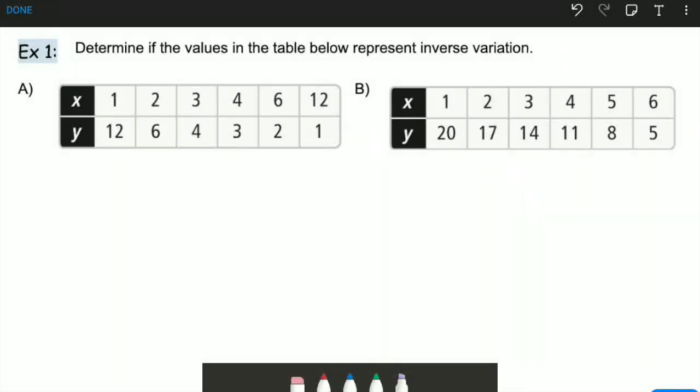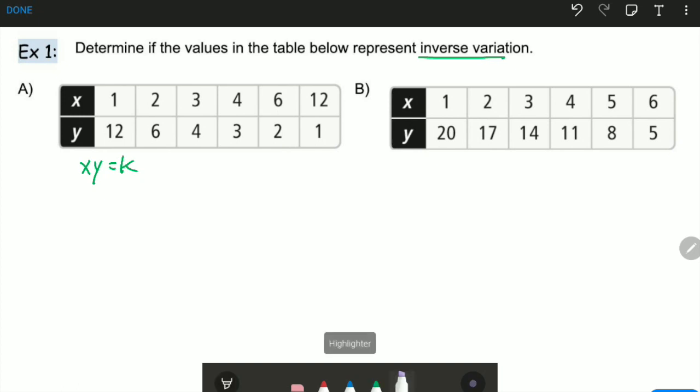Okay, in this example, I'm going to determine if each of the tables represents inverse variation or not. You can use either formula to do this. The easier formula in this situation usually is the xy equals k formula for inverse variation.